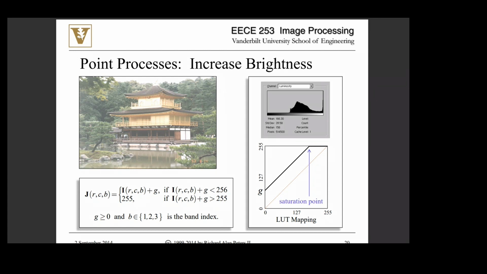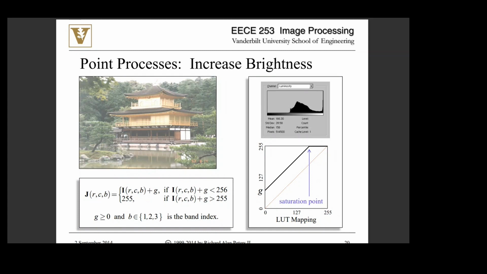This line is y equal x, so that is no transformation. And then we can add a number. We have to be careful, because if our images are represented between 0 and 255, and you add any positive number to 255, it will be above 256. So you are saturated. So you have to saturate here.